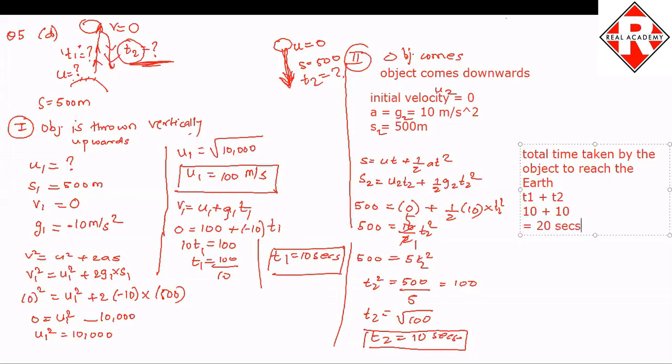So 20 seconds is the answer. And the initial velocity by which the ball is thrown upwards is 100 meters per second. Okay, so this is the answer for your fourth question, that is question D.